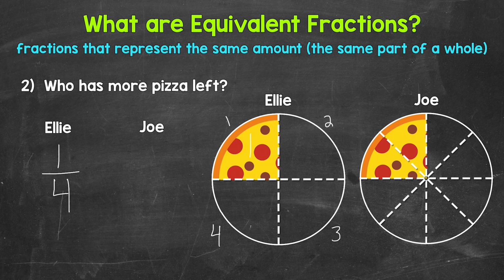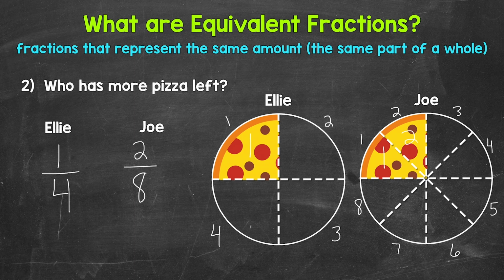Joe's pizza was divided into 1, 2, 3, 4, 5, 6, 7, 8 equal slices. So 8 is the denominator. And then 1, 2 slices are left. So 2 is the numerator.